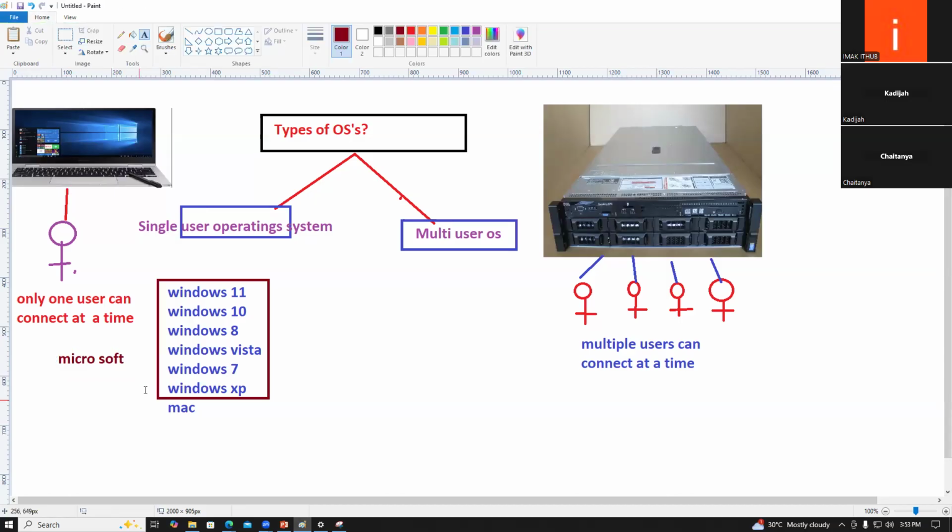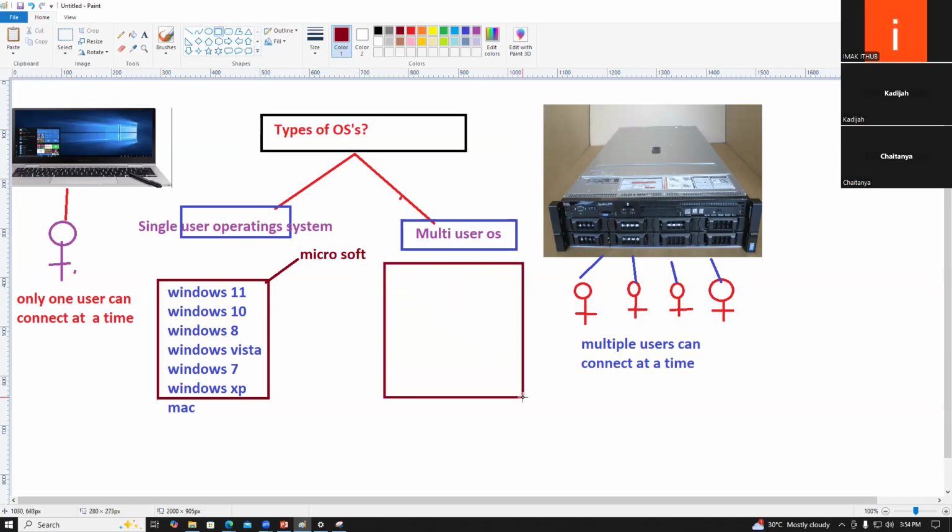Microsoft company created two types of OSs. One is for single user operating system and the other one is for multi-user operating system. So what are the multi-user operating systems?